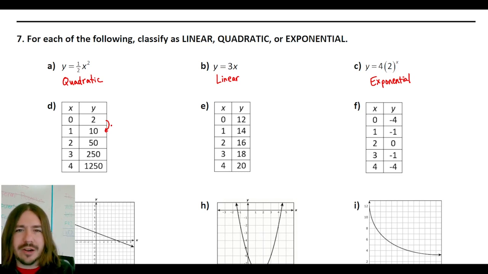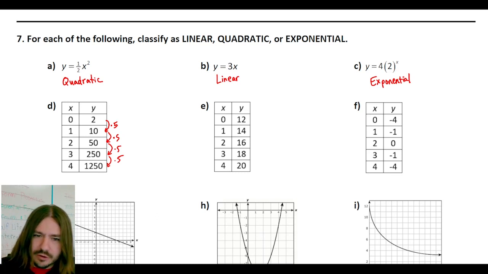Whenever you have a pattern in your table where for each increment of 1 in x, you're multiplying by some constant amount, in other words, you have a constant multiplier, that is telling you that you're going to have an exponential function.